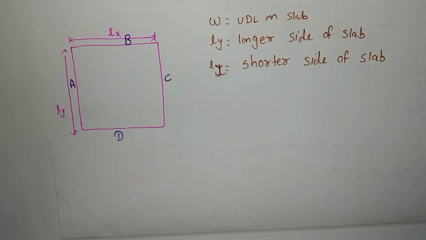Now consider two middle strips, AC and BD, of unit width along Ly and Lx. Let me show you.